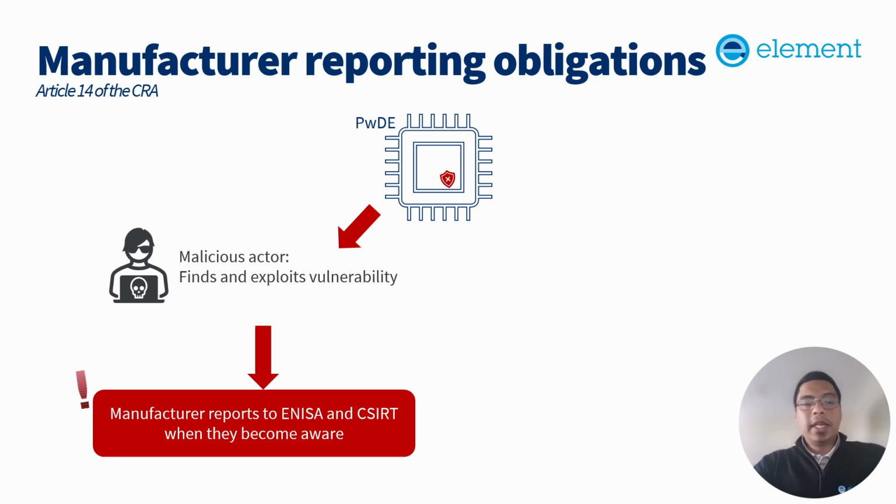Along comes a malicious actor. They have uncovered this vulnerability. They find it and they exploit it, and they do whatever it is that they do. Once the manufacturer becomes aware of this, then within 24 hours, they make their initial report to ENISA and the CSIRT, and so follows the chain or the timeline of reporting obligations.